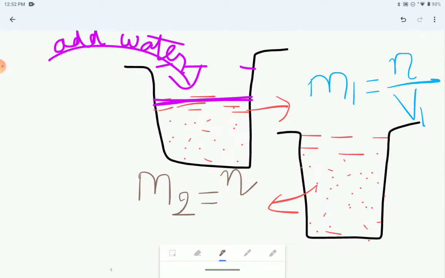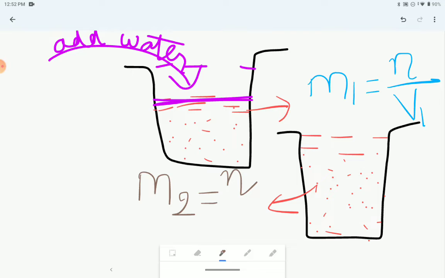We are taking a beaker with some water and some solute of n number of moles, and the measurements taken show it has mass m1, number of moles of solute n, and volume v1, right?